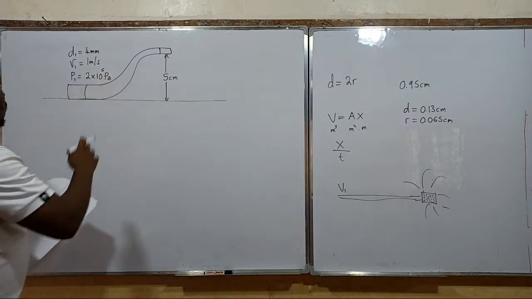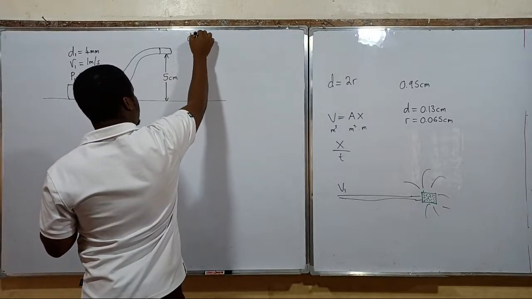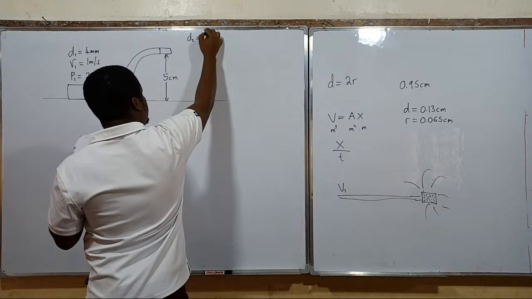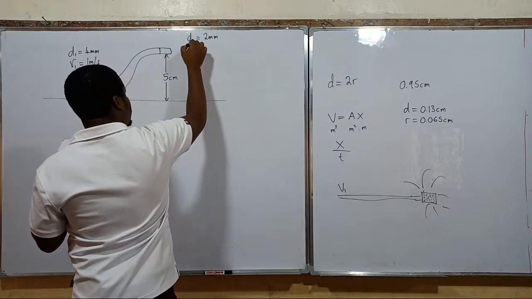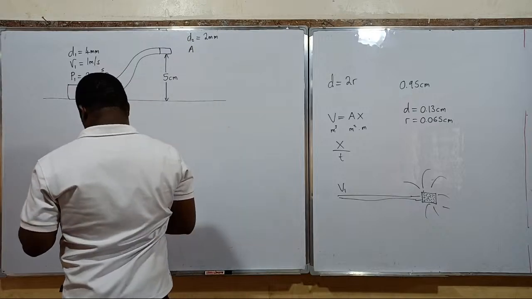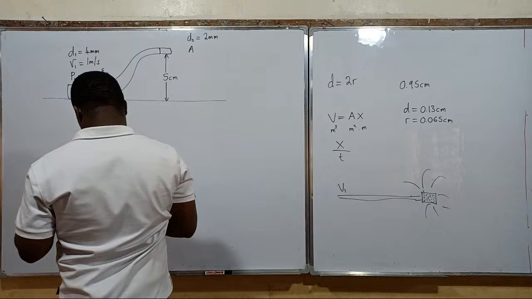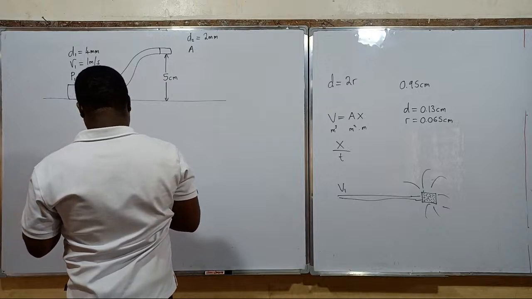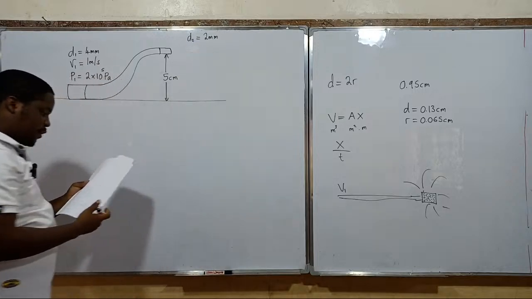On the other end, we have a diameter of 2 millimeters. So area, we can still come and compute it, it's fine, okay.